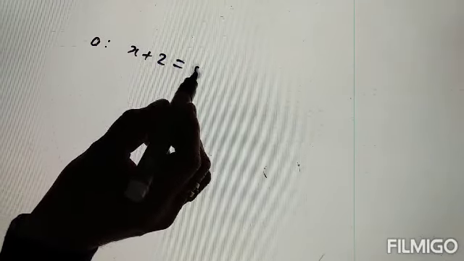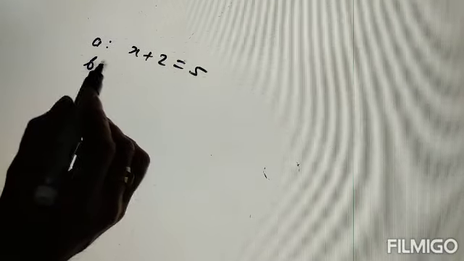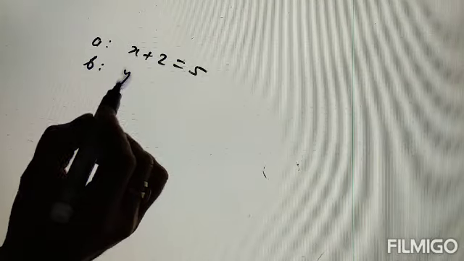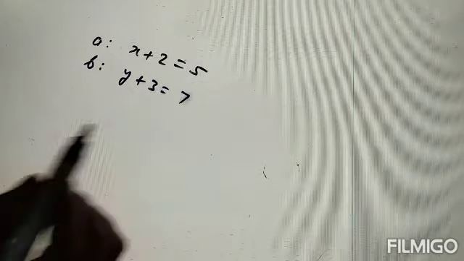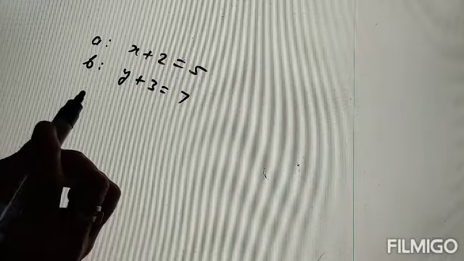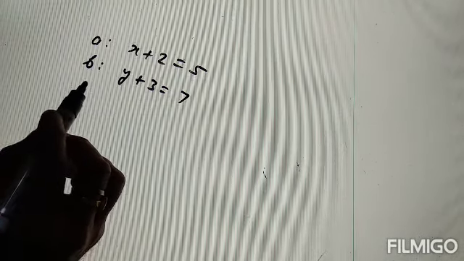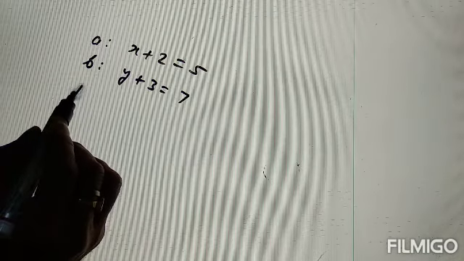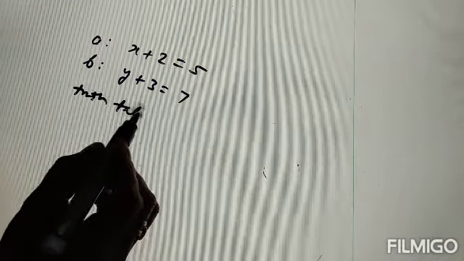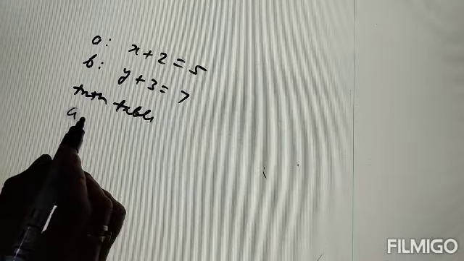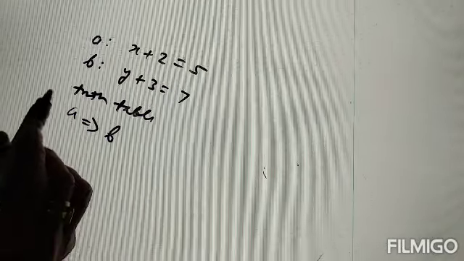Now you can try this question. I am giving you this. Let's say A stands for X plus 2 is equal to 5, and B stands for Y plus 3 is equal to 7. Then I want you to write the truth table of A implies B, first part.